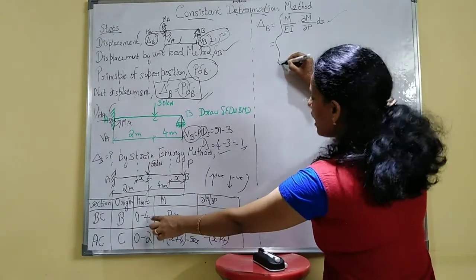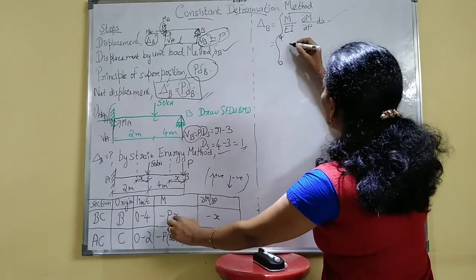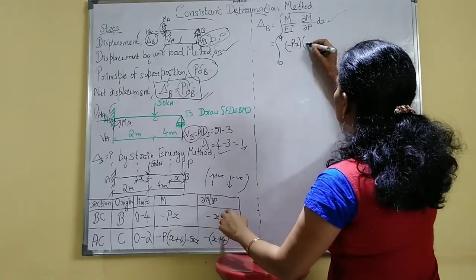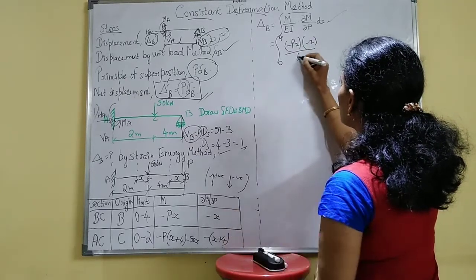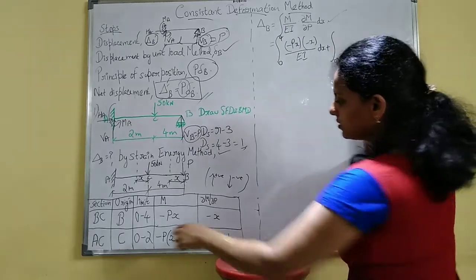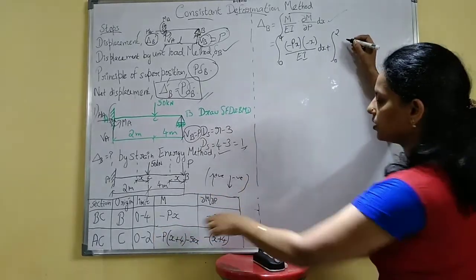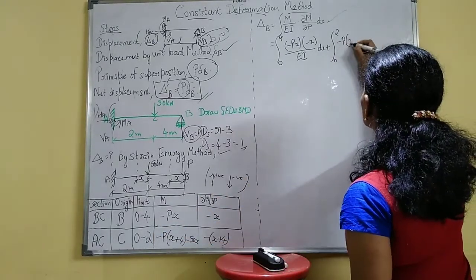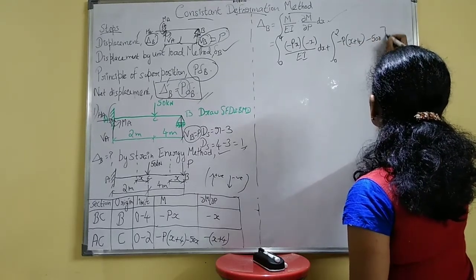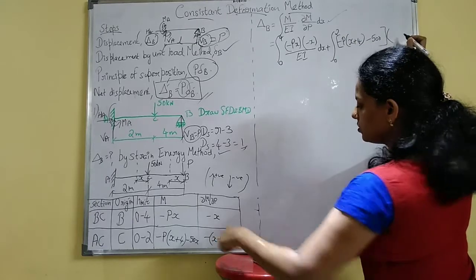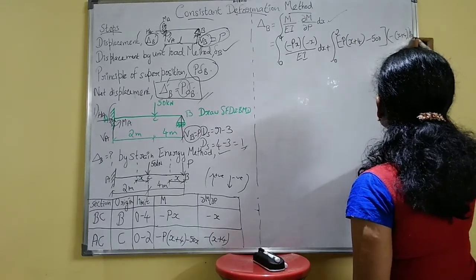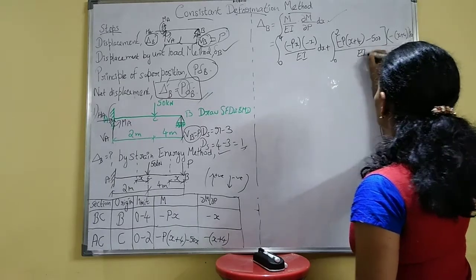So for BC you have limit 0 to 4 and M is minus P into X. Dou M by dou P is minus X, divided by EI, dx, plus 0 to 2, and this is minus P into (X plus 4) minus 50X, into minus (X plus 4), dx divided by EI.